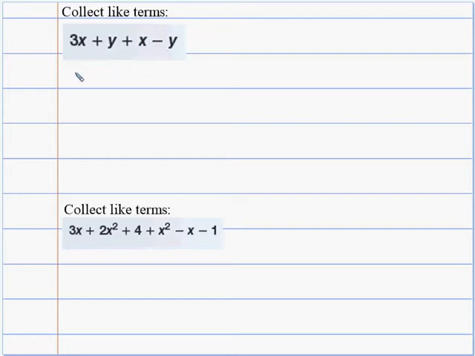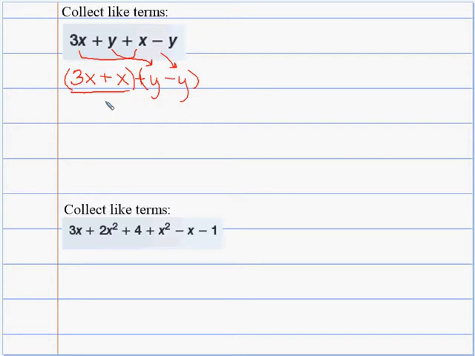And I can use the commutative property and just rewrite this so that I have 3x plus x, and then put my plus y, and then put my minus y, so that I can do this part together and this part together. So that was commutative property, and then here's associative property where I'm going to group them.